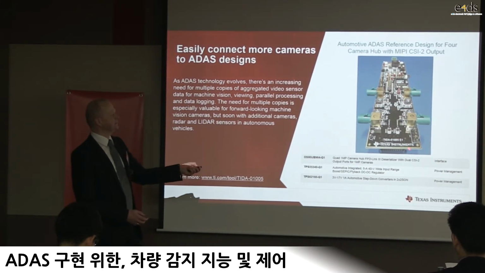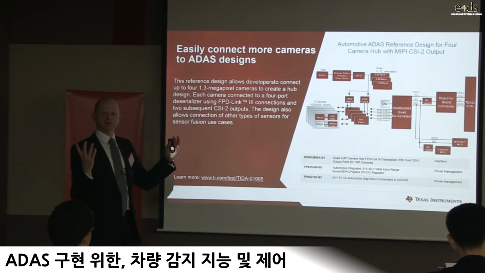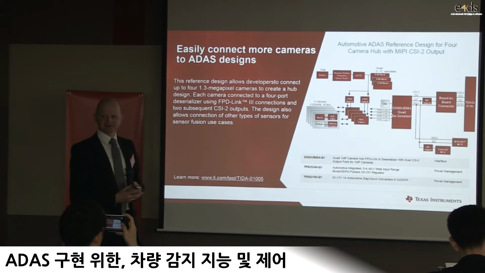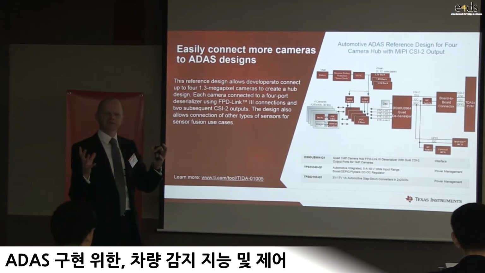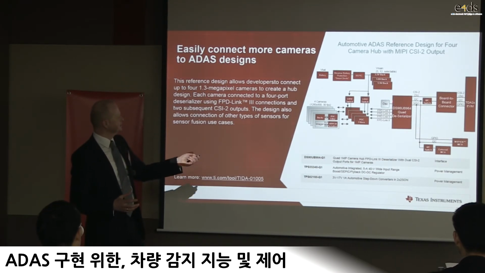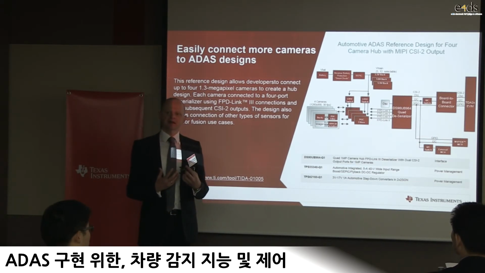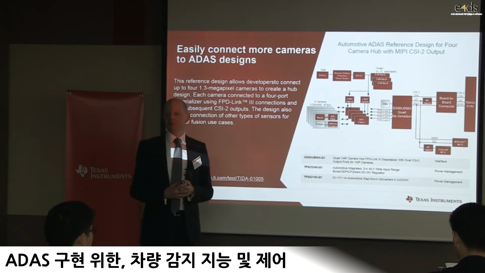Now here we see the PCB, the board. Let's move to the next slide where we can actually see the block diagram of this hub design. And here you can see the strength of Texas Instruments. To build up this subsystem of the hub design, you can actually look at the individual components here, and the full system can be designed by leveraging TI's breadth of the analog and embedded processing portfolio.